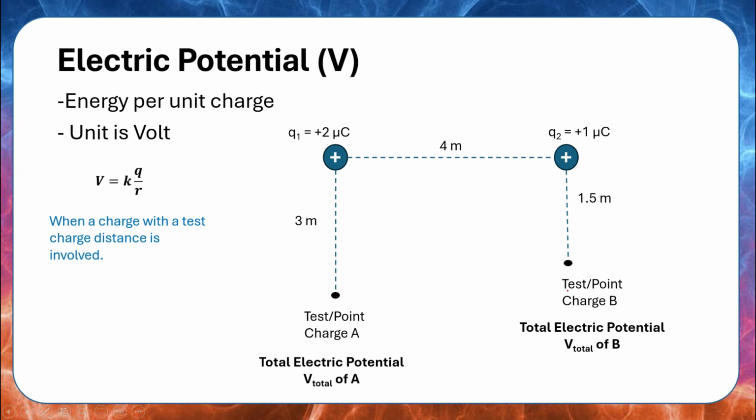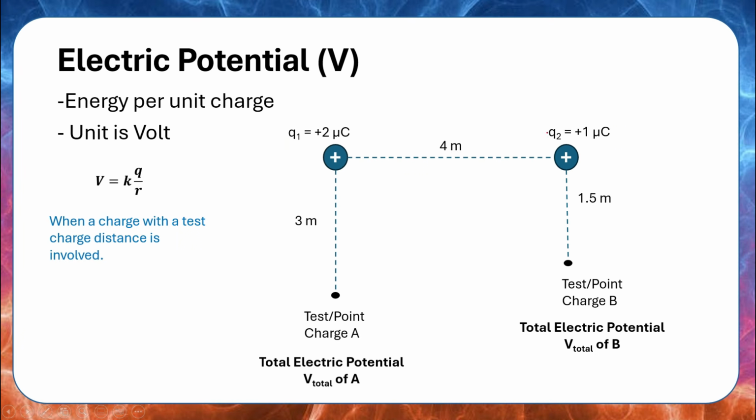Okay, so for example, let's focus on test charge A. Test charge A is creating an electric potential towards the charge Q1 because it is 3 meters away from Q1. It means test charge A produces an electric potential from Q1.